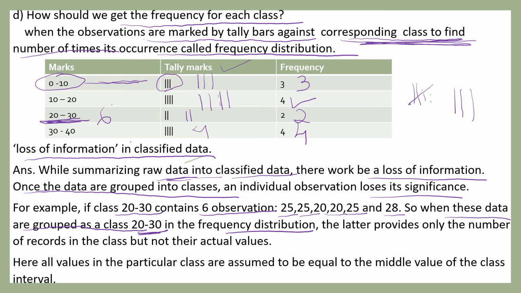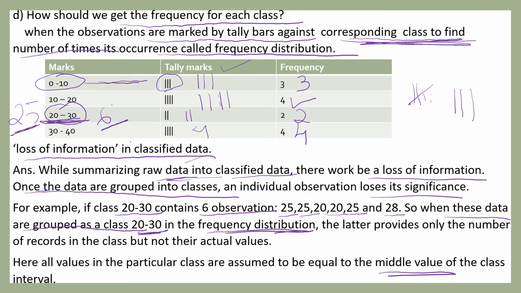In that case, in the frequency distribution, we will find out a mid value. What is the mid value? For further analysis, we find out a mid value. The mid value is 25. So we will multiply this 25 with this 6 to find averages also.